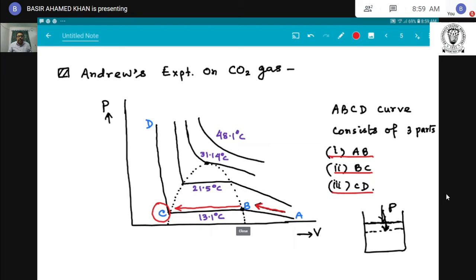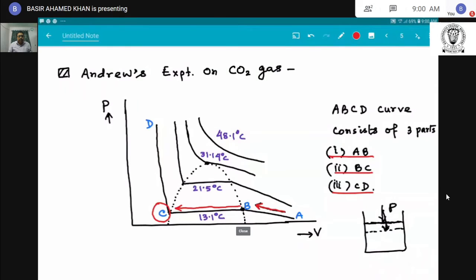After that, from the curve CD we see that the liquid is highly incompressible, because if we create large pressure, the volume change is very small. That means this happens only for the liquid.